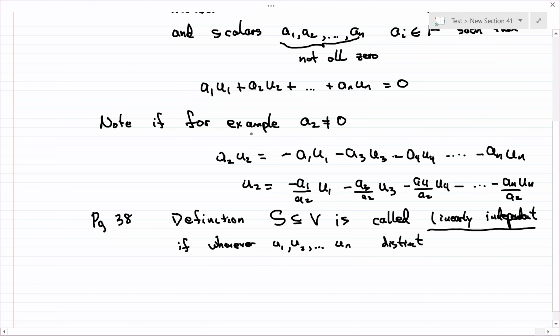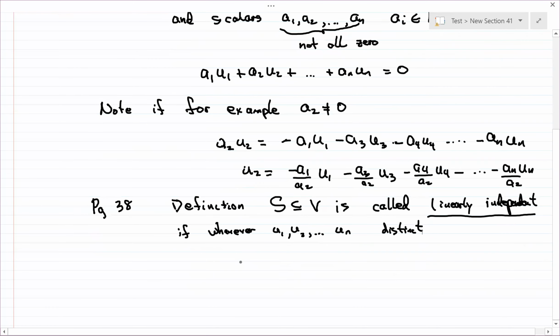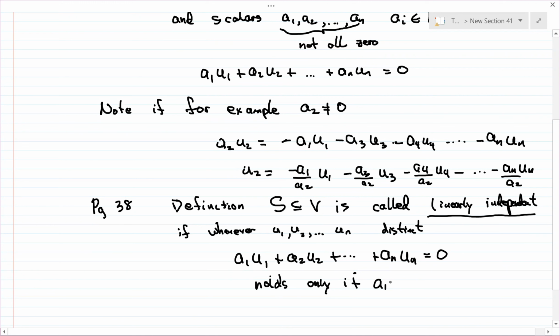And you're looking at this linear combination, a1u1 plus a2u2 all the way up to anun equals 0 holds only if a1 is 0, a2 is 0, a3 is 0, if they're all 0.